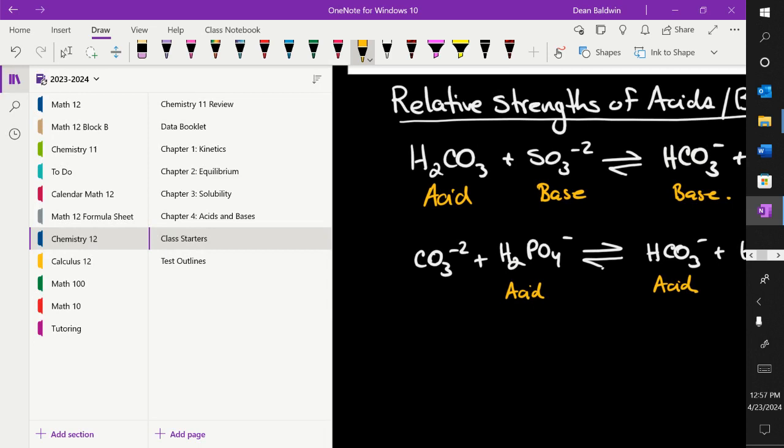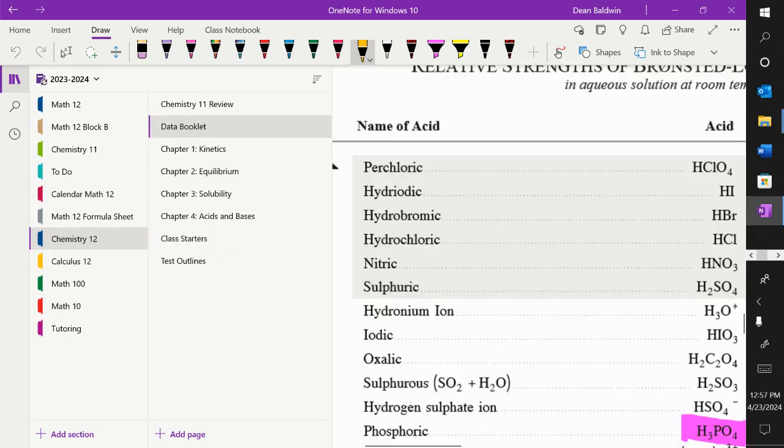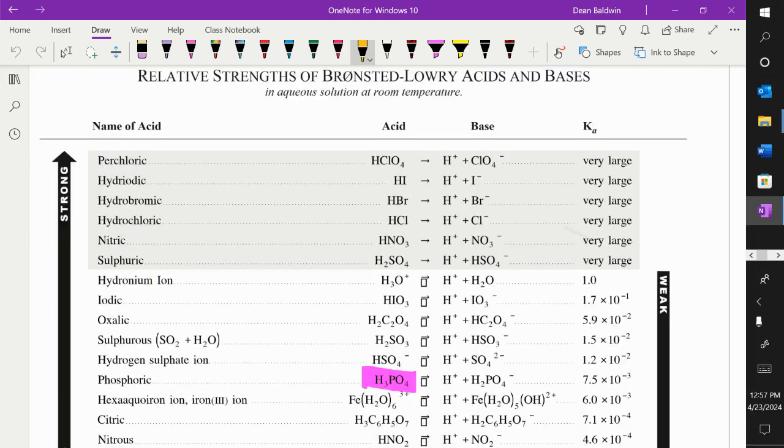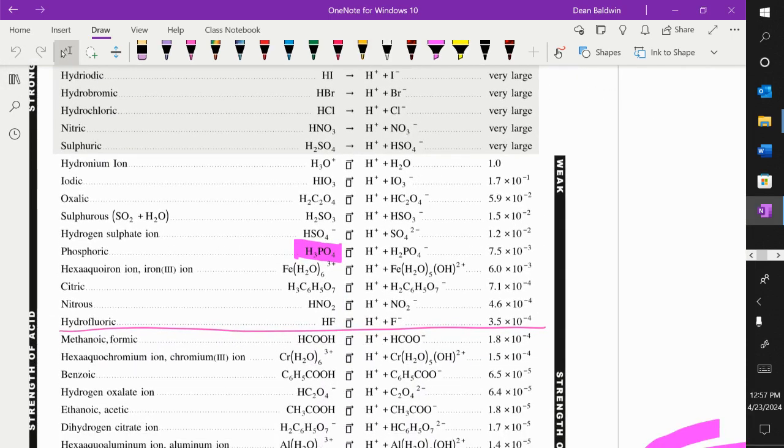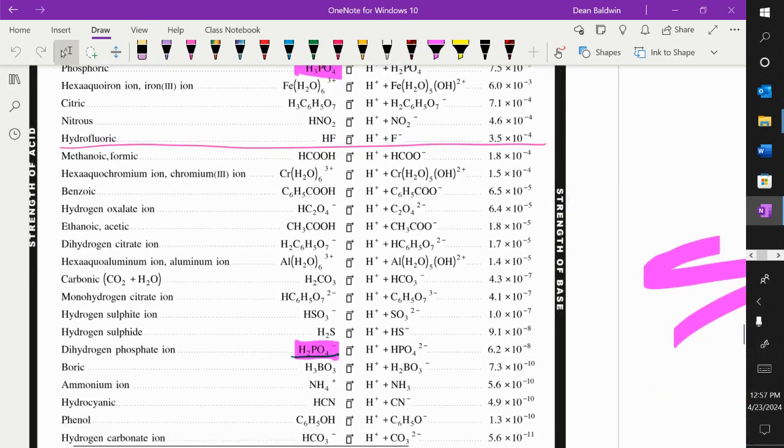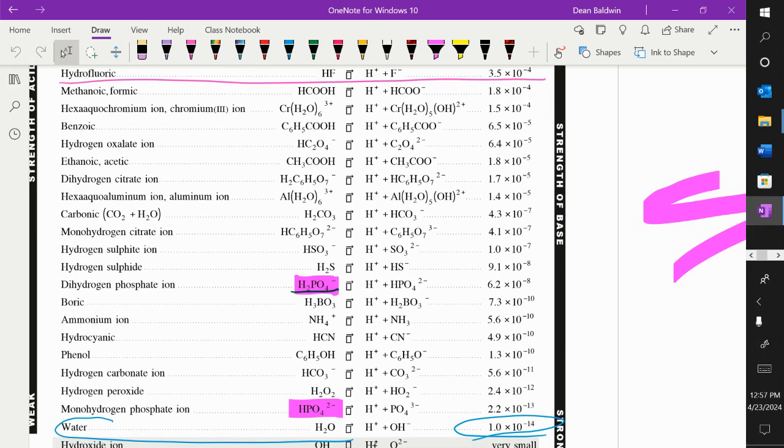H2PO4 minus, and the hardest part about the data booklet is finding everything. H2PO4, there it is. Oh, I think H2PO4 and HCO3. Where's HCO3? There it is right there. All right. There they are right there.